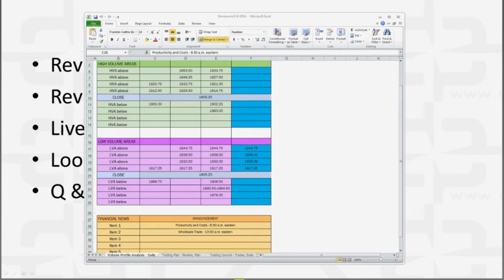Almost there. Okay, it's just populating here.